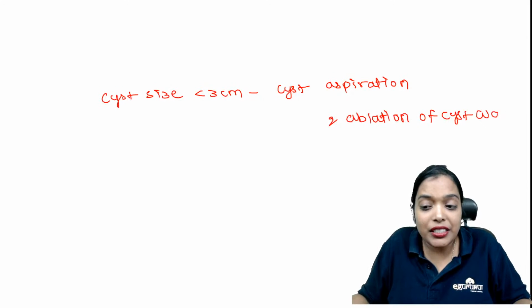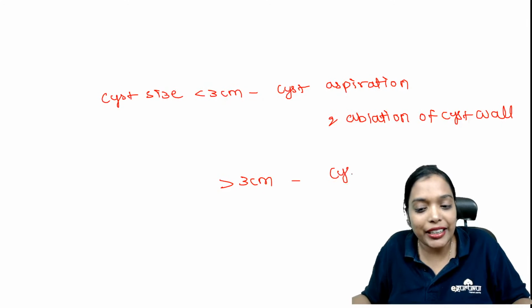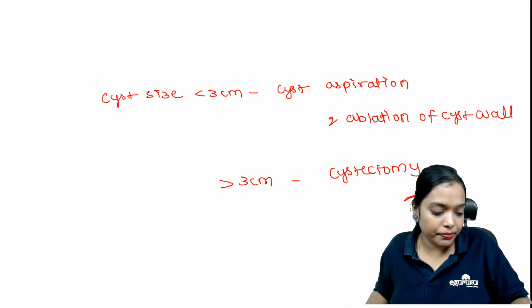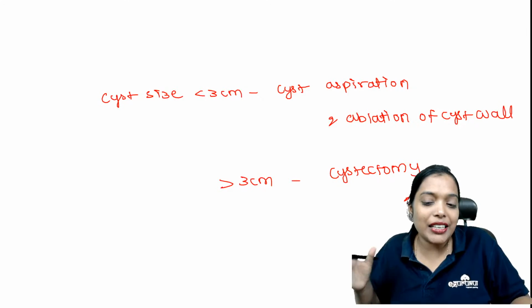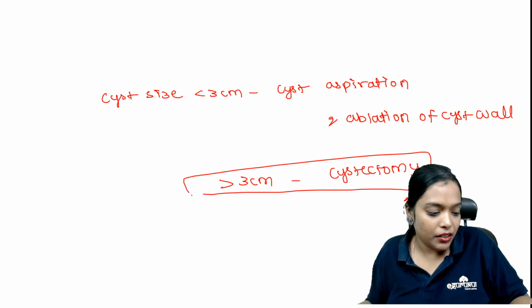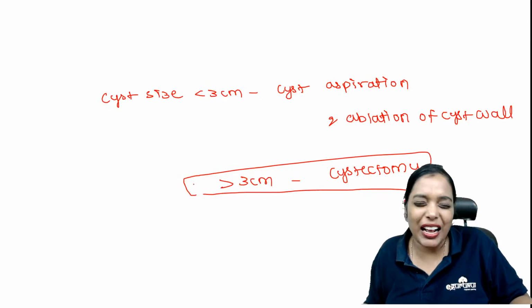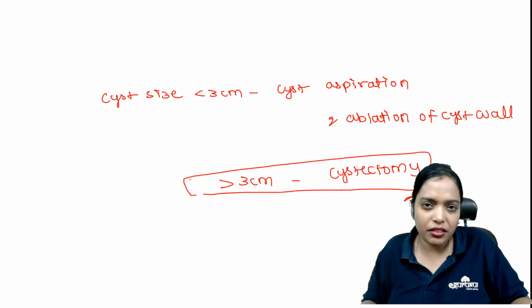But if the cyst size is more than 3 centimeters, you go directly for cystectomy. Only if the size is less than 3 centimeters can you go for aspiration. To be frank, in practice we don't do aspiration. Aspiration is somewhat outdated.